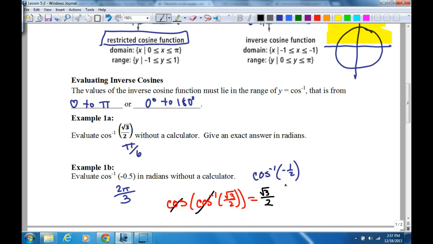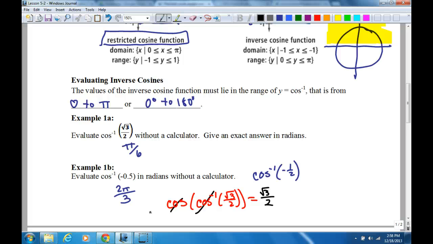Is this like an identity theorem? Yeah, basically the cosine and the cosine to the -1 just cancel each other out. Then it would be back to inverse cosine. Yeah, right, if the negative's on the outside of the parentheses.